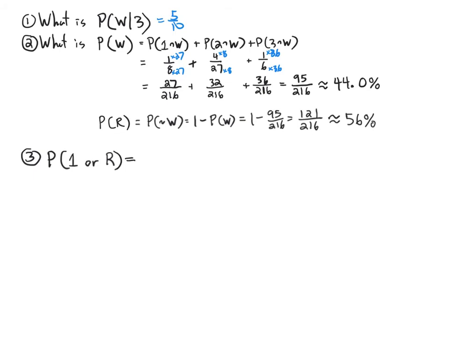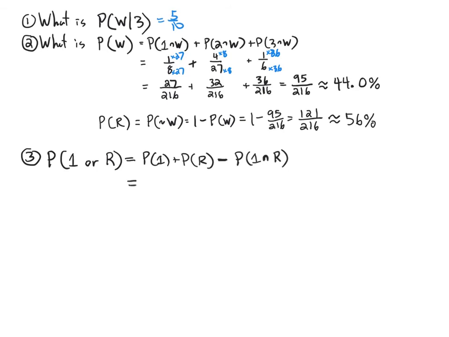And we've already done some of this work. So let's use our formula for the probability of OR events. So this is going to be the probability of picking a 1 plus the probability of picking a red. But we have to subtract the probability of doing both, picking a 1 and picking a red.